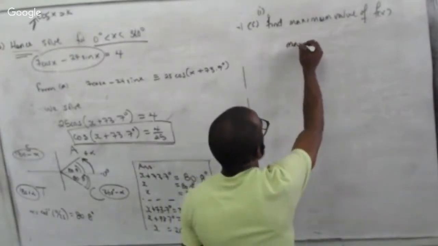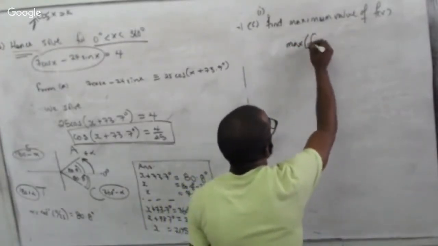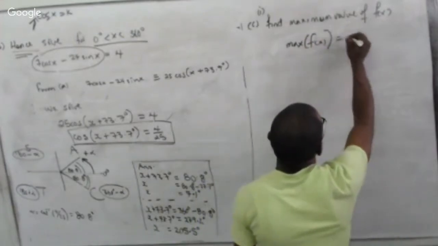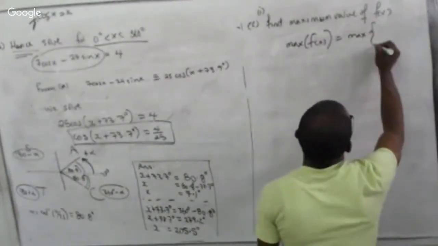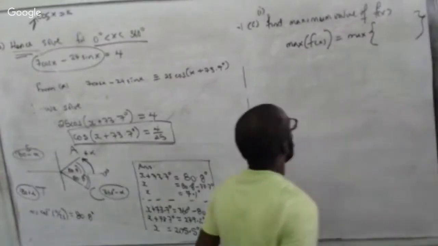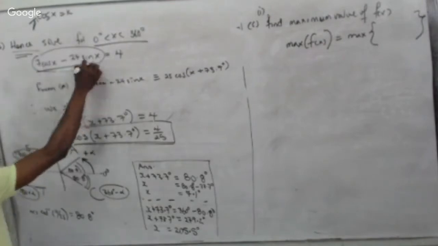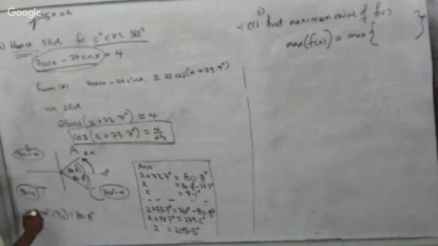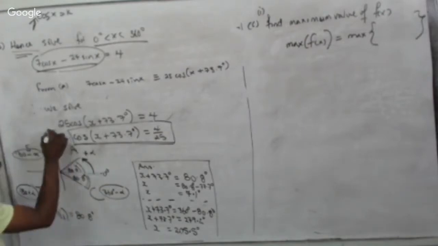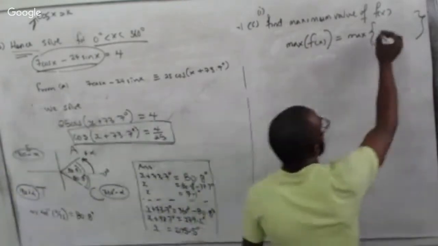What's the maximum value of f of x? The maximum value of f of x is clearly the maximum of what? What is f of x? Let me see the link here. F of x is this. Yeah, but I don't even bother with that. I just jump straight to my summary. It should have been 25 cosine.